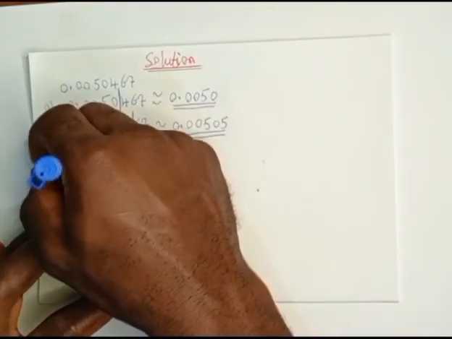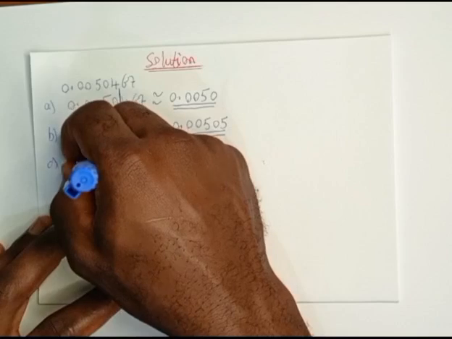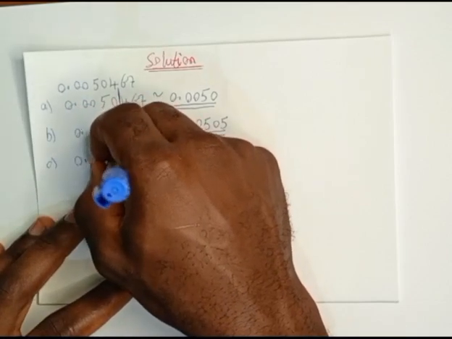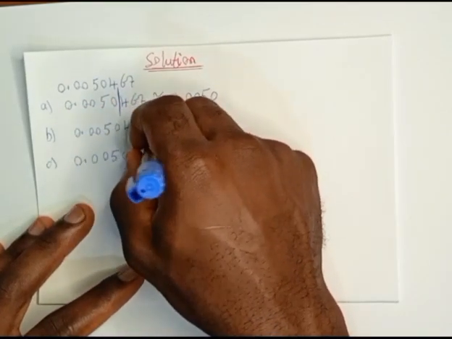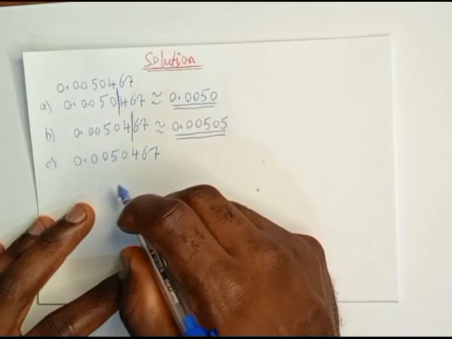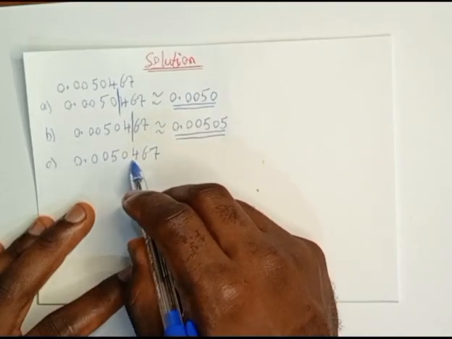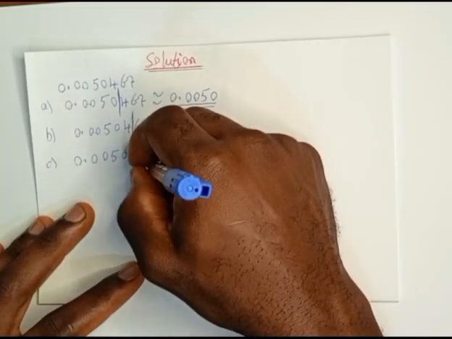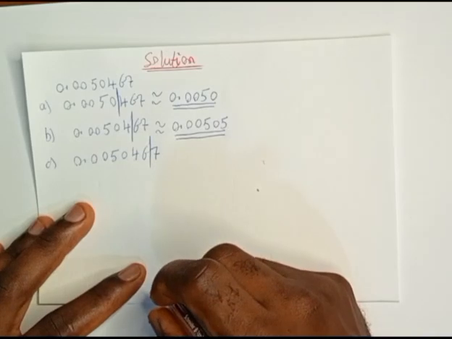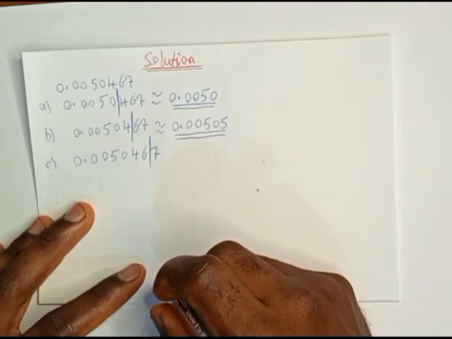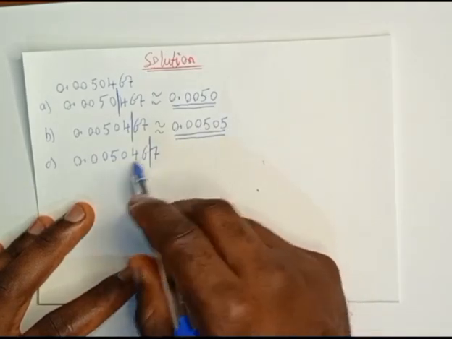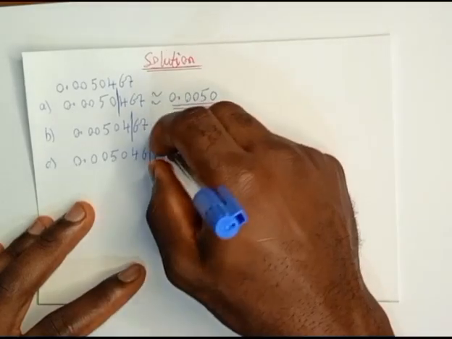We go to C. We have to express the number to 4 significant figures. We count 1, 2, 3, 4. We round off. 7 is greater than or equal to 5. It is rounded up to 1. We add the 1 to 6, which gives us 7.